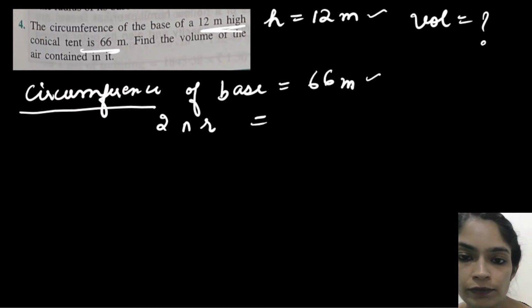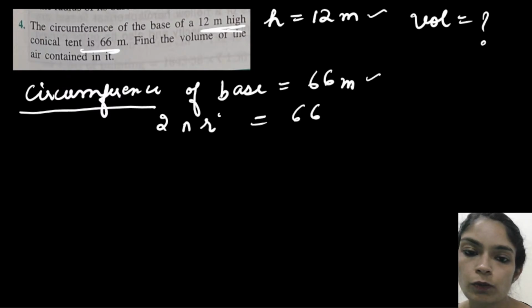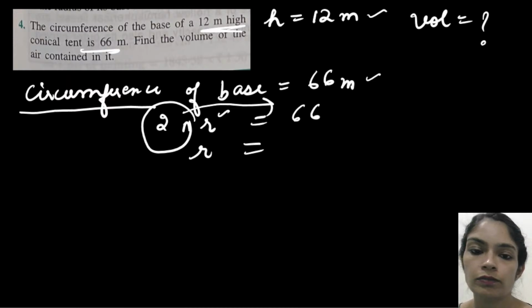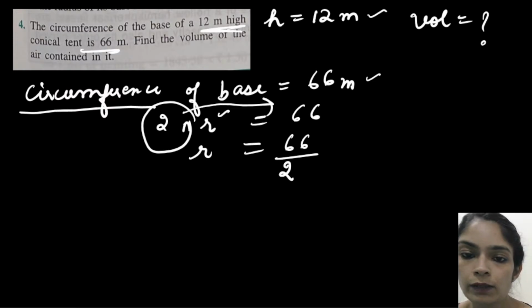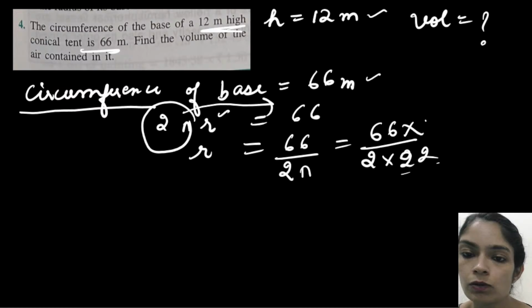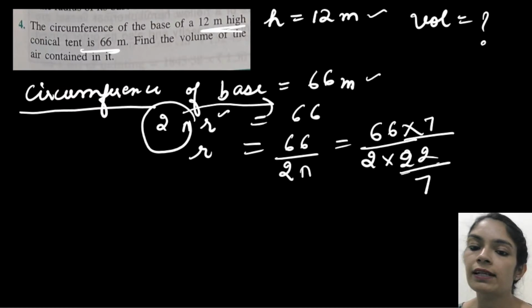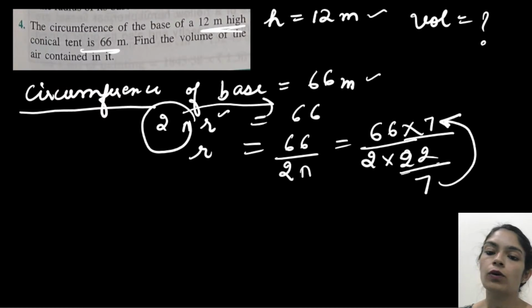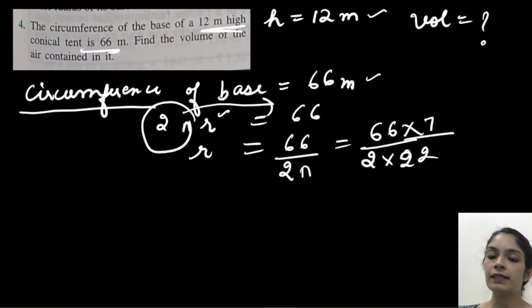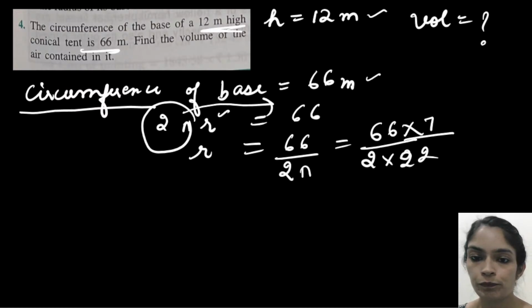With the help of circumference, we can always find the value of r. So what will be the value of r? If this 2 pi shifts to the other side, we'll get the value of r. So it will be 66 by 2 pi. We can elaborate the value of pi here. So 66 by 2 into 22 by 7. See, this 7 in the denominator will go on top. Just remember, whenever a denominator comes in the denominator of a fraction, that denominator will always go to the numerator.